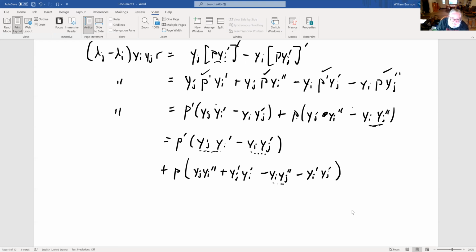And notice that now I'm actually justified in using that equal sign because these two terms that I added in actually add to 0. So I haven't actually changed anything, right? I just added 0. That doesn't change anything. But I added 0 in the form of yj prime, yi prime minus yj prime, yi prime.